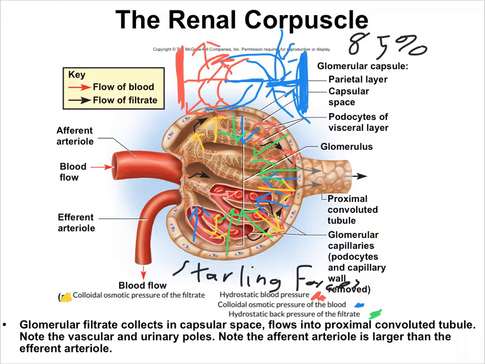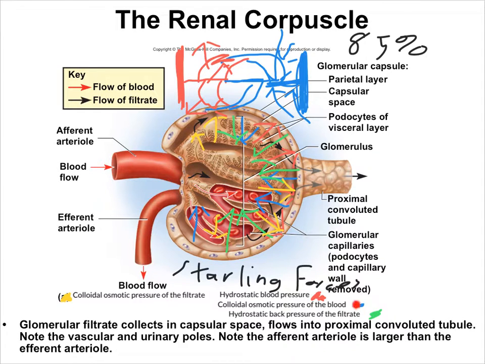Similarly, again, under a normally functioning kidney, your hydrostatic blood pressure should always be higher than the hydrostatic back pressure. You know, how could your back pressure get higher than the pressure that is creating it? There is a circumstance which we may talk about in a later lecture. But generally speaking, in a properly functioning kidney, your blood pressure should always be higher than the back pressure.